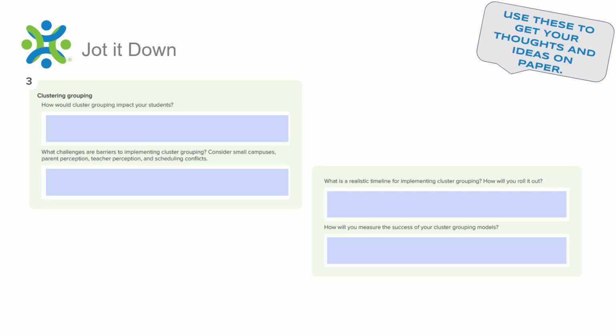So let's talk about clustering. How would that impact your students? Would they more likely be placed in a situation where their learning includes opportunities to be grouped with other students who have similar abilities and interests?